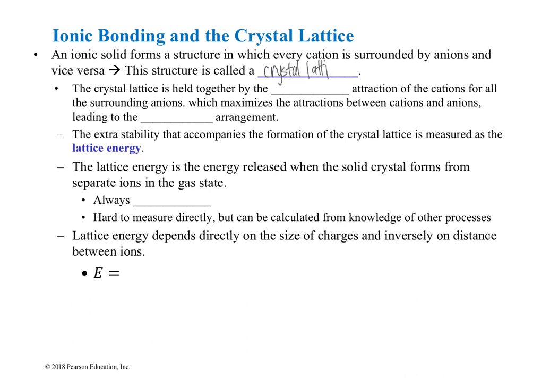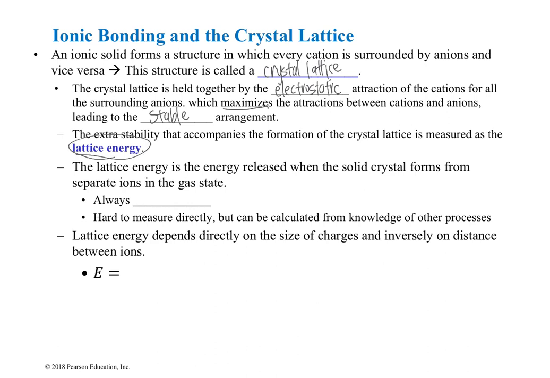They are super stable because of the huge electrostatic attraction holding them in place. With cations and anions all next to each other, the attraction is maximized. This leads to a really stable arrangement, which means it's hard to break up. It has a lot of energy in it.